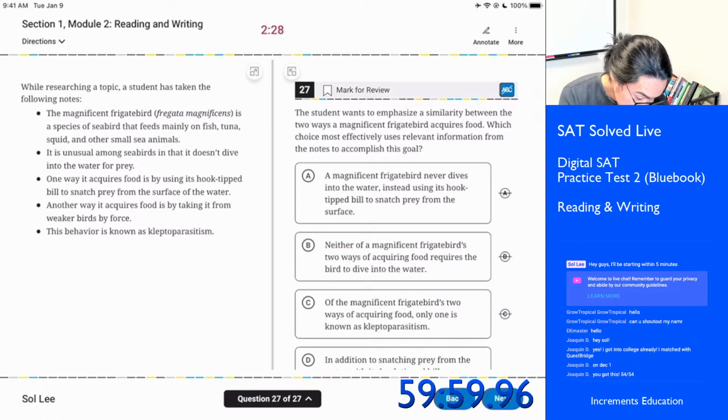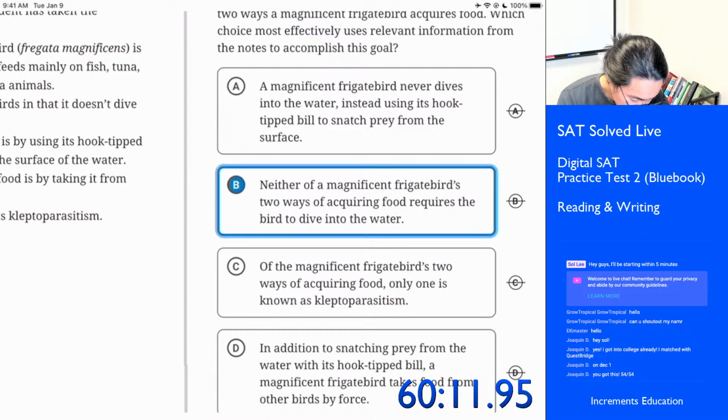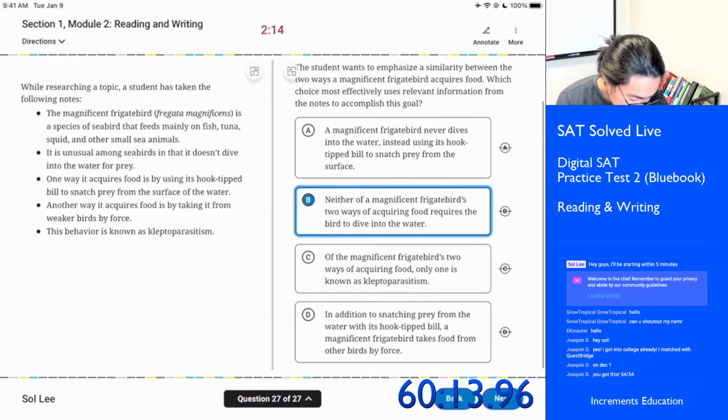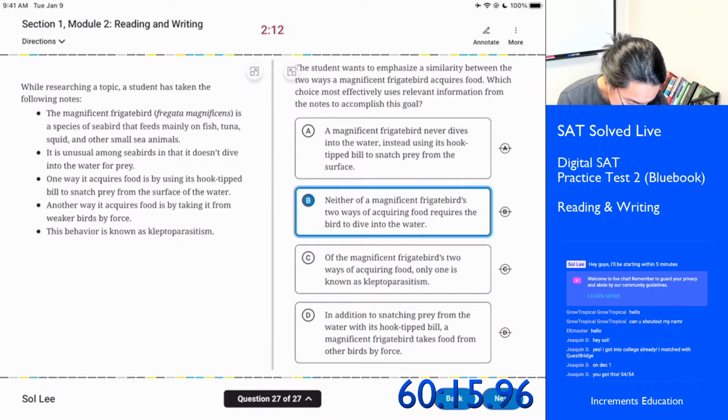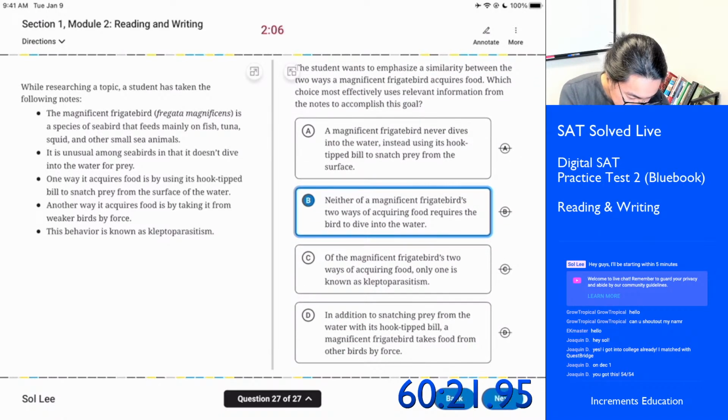It's kind of lazy, I guess. Snatch prey by force. Okay. Oh, well, yeah, that's also a similarity, I guess. I was not able to predict that answer. Yeah.